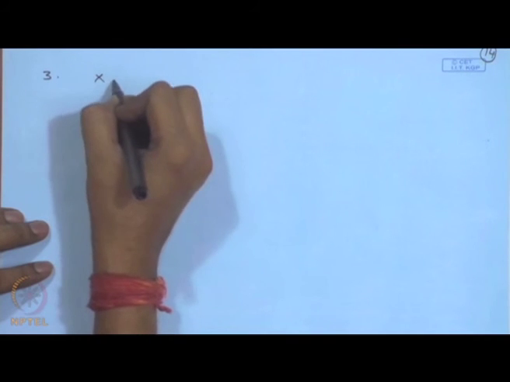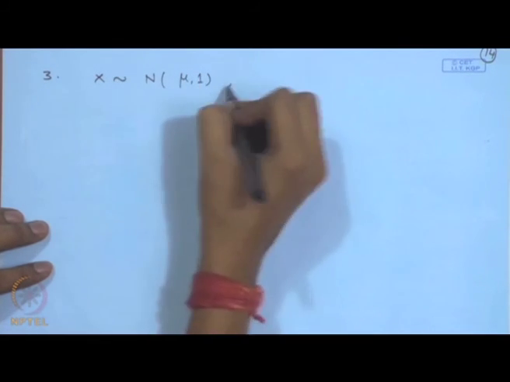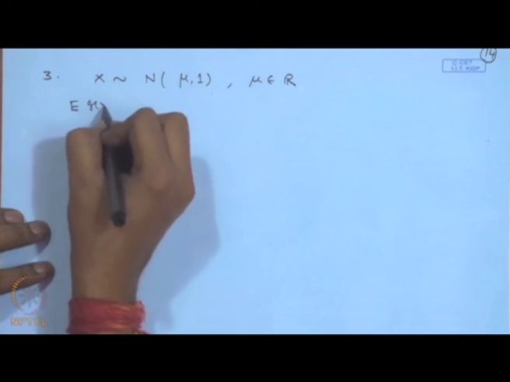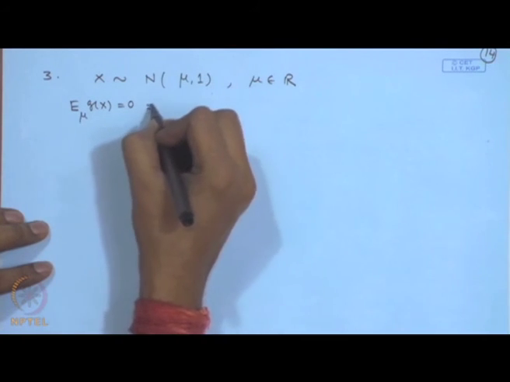Let us consider, say, X follows normal(mu, 1). Here mu is any real number. Let us write down the expectation of g(X) equal to 0 for all mu.